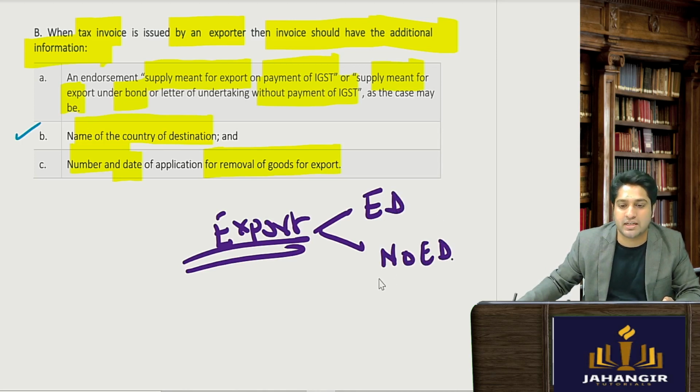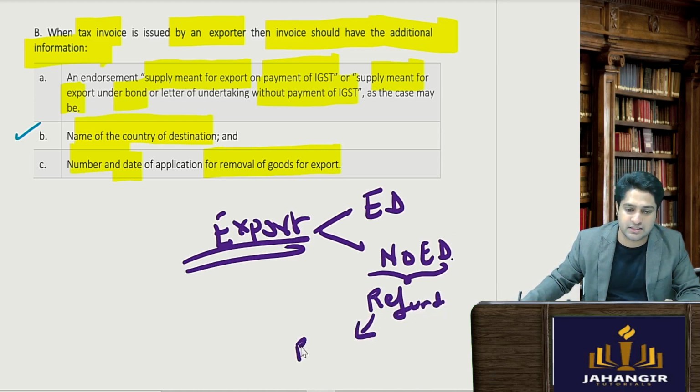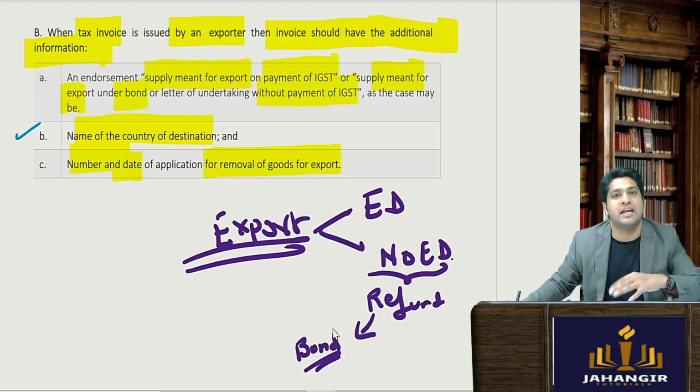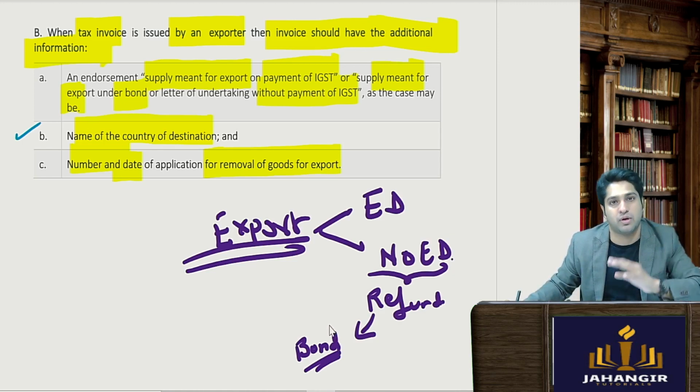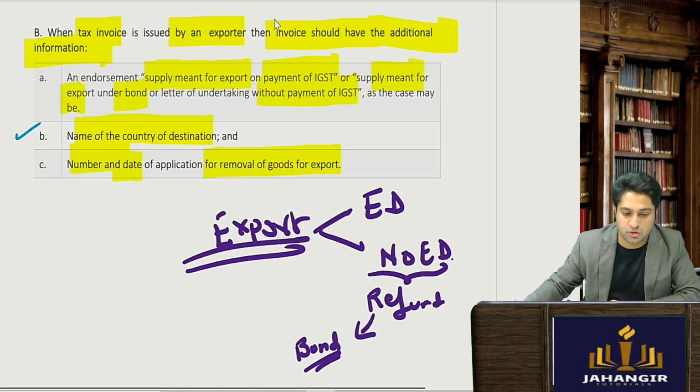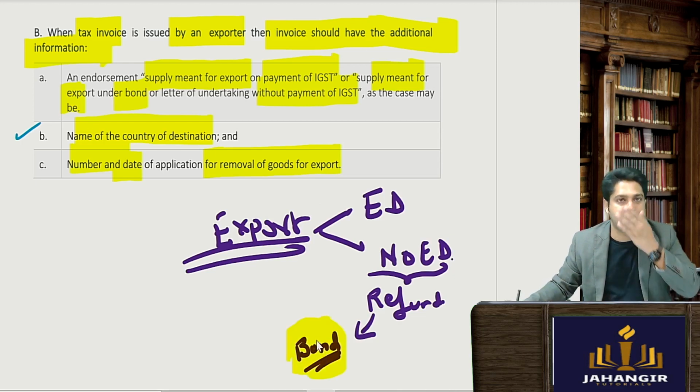Generally export duty is not there, or maybe it is eligible for certain refunds. So in certain cases you have to undertake a bond, that yes, I am going to export the goods, and then whatever export duty you are paying, you're going to get it refunded. So a bond is there for certain cases.